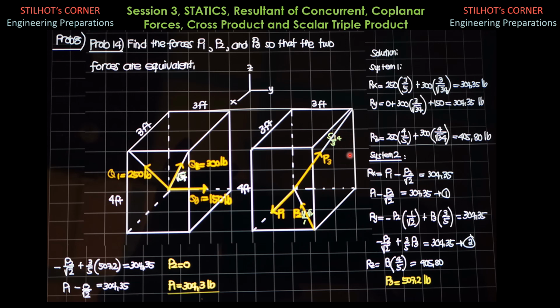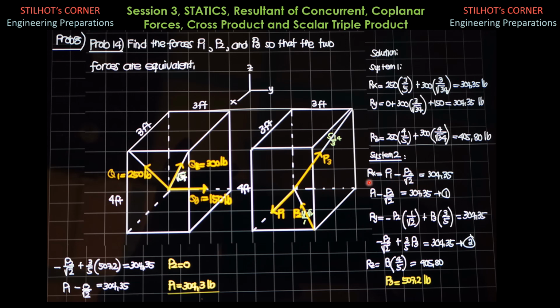So for system 2, Rx is, this is already P1, positive, then minus P2 times x component of distance 1 over distance square root of 2. P3 has no x component, it is on the vertical wall of the rear end. So that's why Rx is P1 minus P2 over square root of 2.